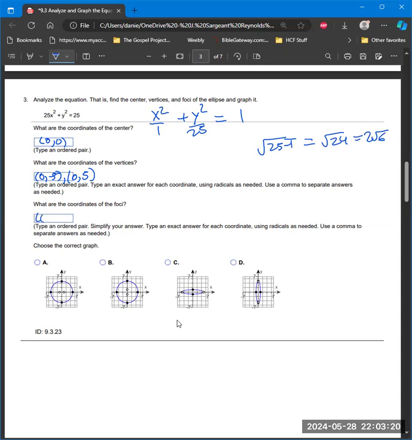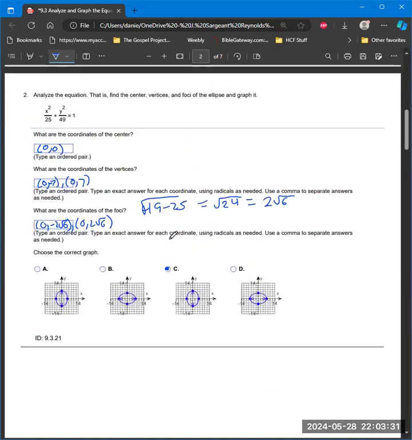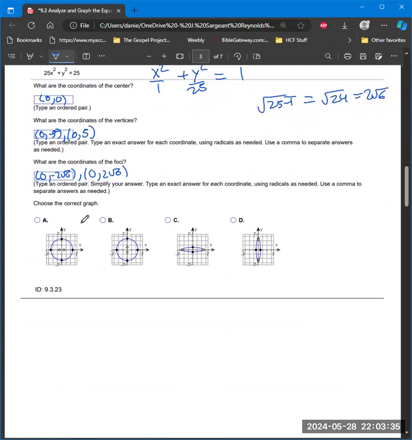We have 0, -2 root 6, comma 0, 2 root 6. I think we had this exact one. Oh, nope. Close, but not the same thing. So x part has a distance of 1. The y part has a distance of 5. That's definitely D.